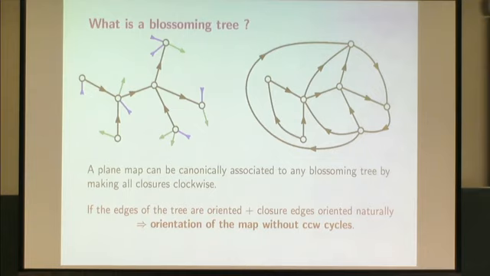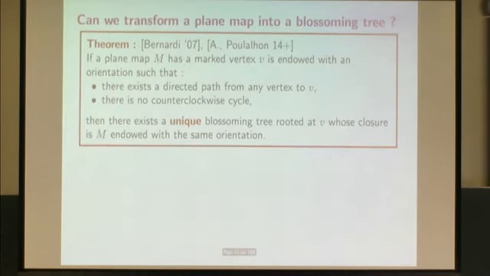Okay. And let me make a brief cultural remark: this is actually now a bijection. Let me be a bit more precise. If we have a plane map with an orientation without counterclockwise cycle, and with this accessibility condition I'm not going to discuss, then there exists a unique blossoming tree whose closure is this map.